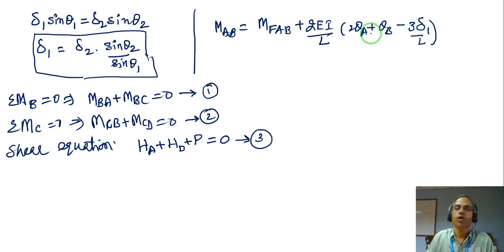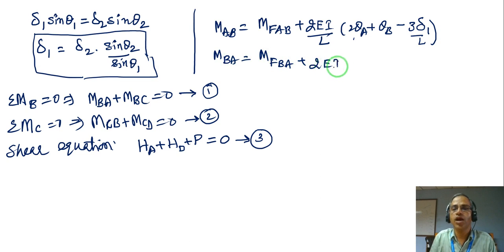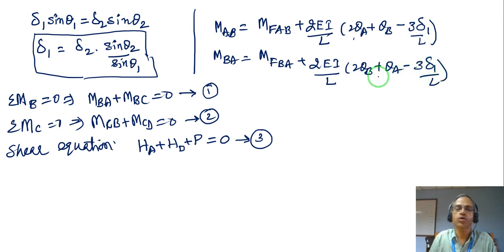Very important here: although in this case, if joint A is fixed, theta A can be 0. It depends upon the boundary condition at A, but this is very important to understand. Similarly, MBA is MFBA plus 2EI by L times 2 theta B plus theta A minus 3 delta 1 by L. This is also very important.